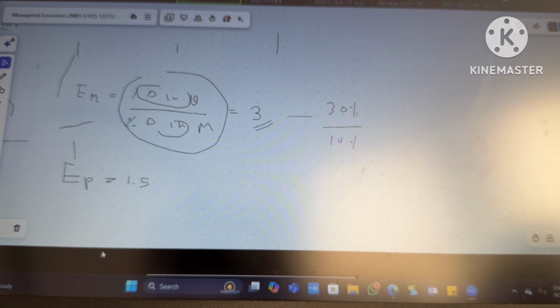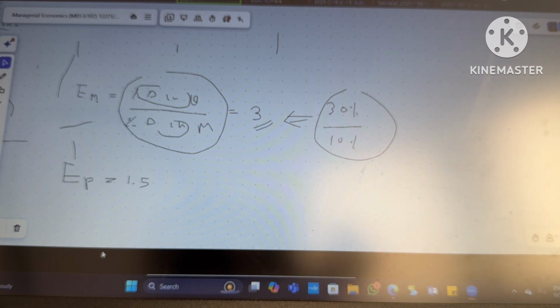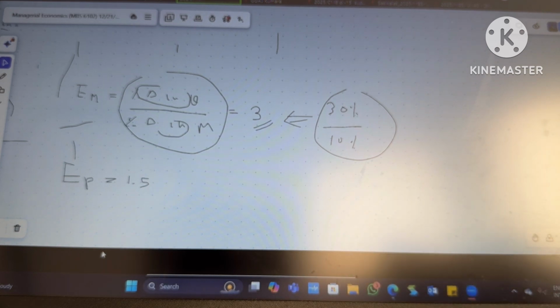Then you would get this answer, right? 30% divided by 10% is 3, correct? If the consumer's income increased by 10%, then consumers are going to increase the demand for a particular product by 30%. So this particular product is a highly income sensitive product.